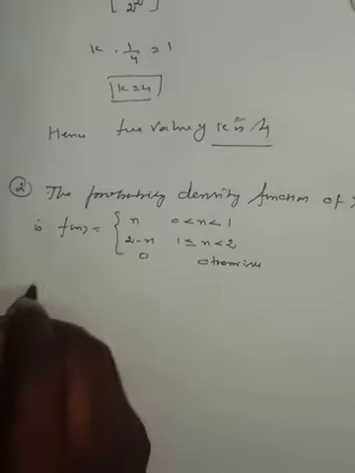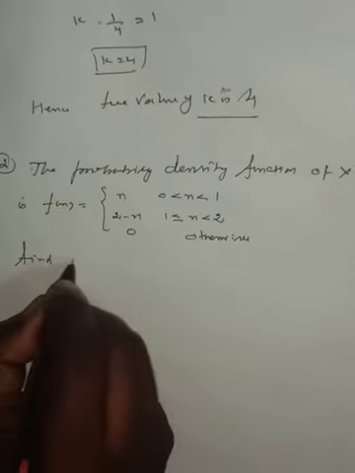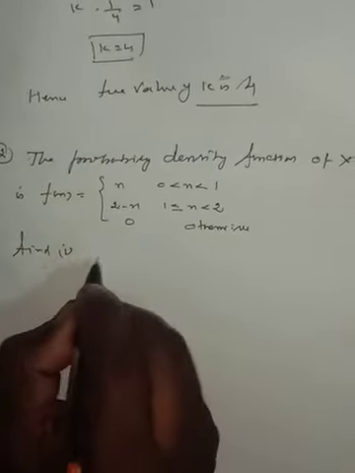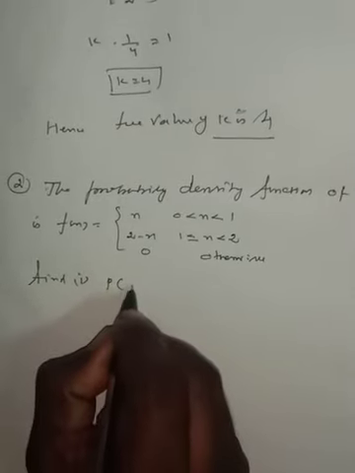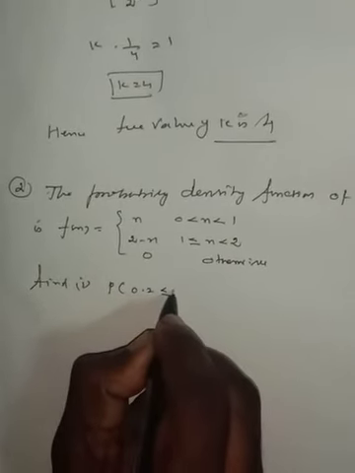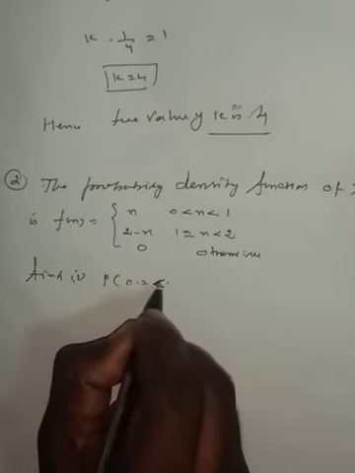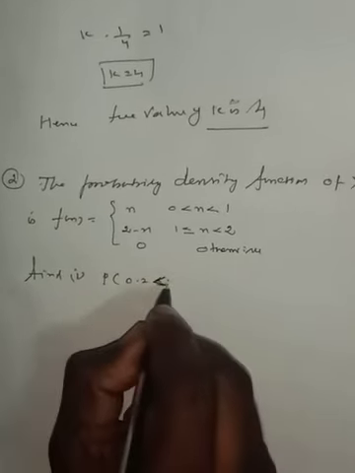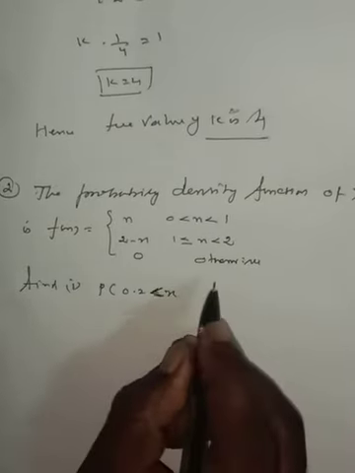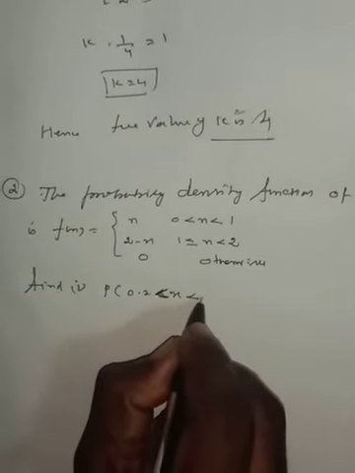Find, number 1, probability of 0.2 strictly less than x strictly less than 0.6.